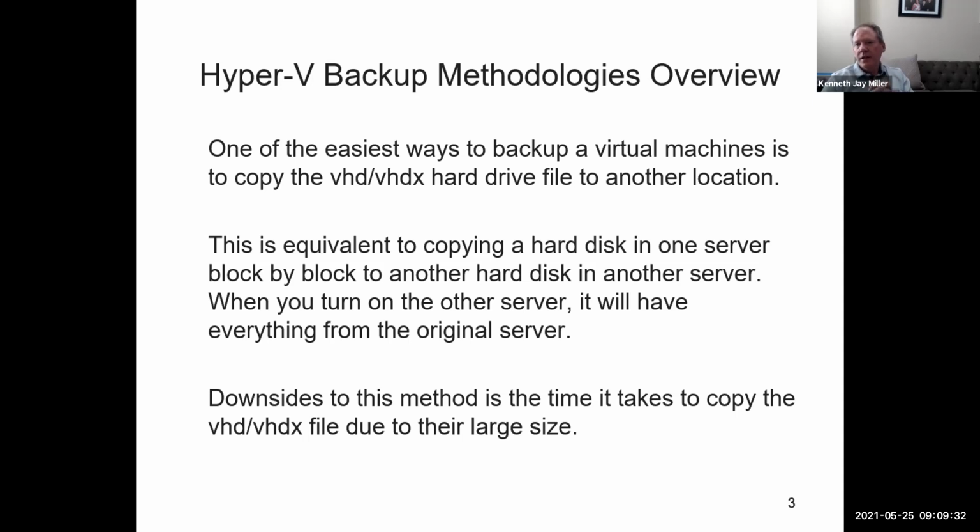But what if those hard drives are in the several terabyte size, and you have more than just one or two of them? You say you have 40 VMs that have 2 or 3 terabytes per VM. The copy process will take longer than you have a window to do your backup in, right? So that's kind of the downside there.